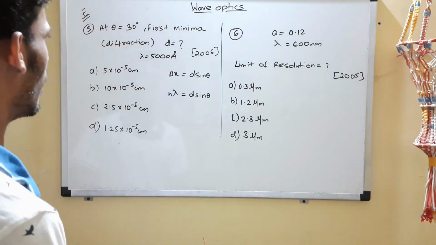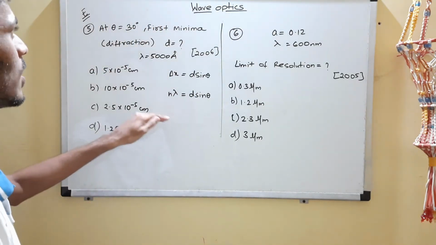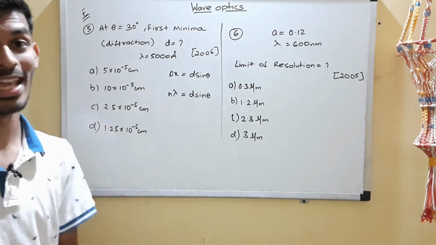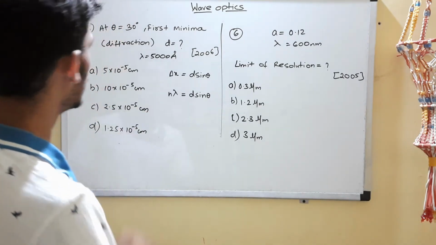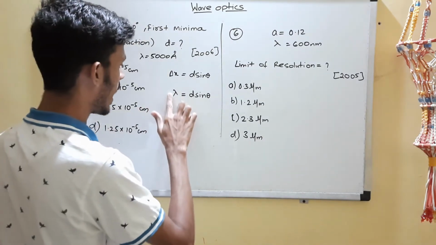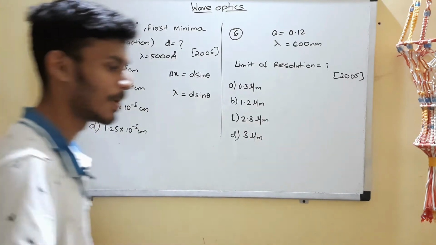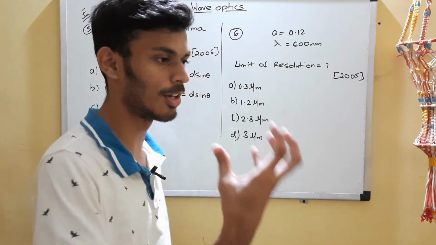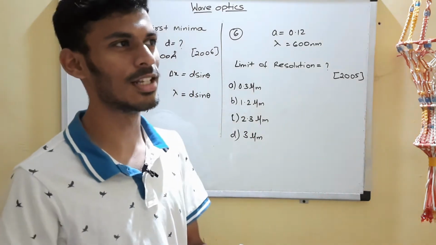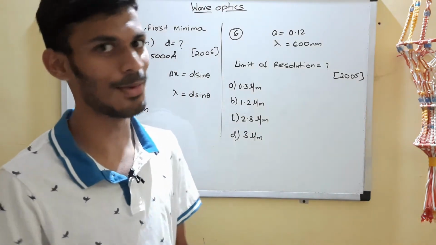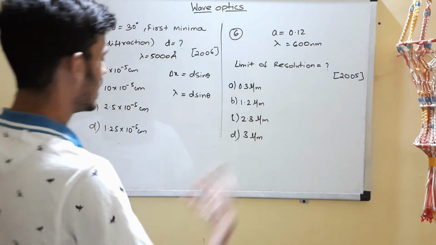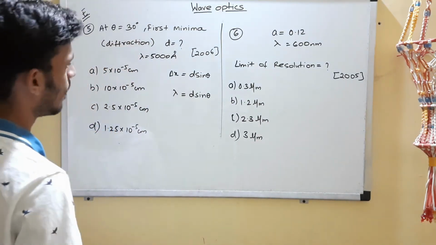So the path difference for minima in case of diffraction is n lambda. Now it's the first minima, so we'll substitute n as 1, so we'll get lambda is equal to d sine theta. Of course, some of you might know it directly that for the first minima, the path difference in diffraction should be lambda. So lambda equals d sine theta.